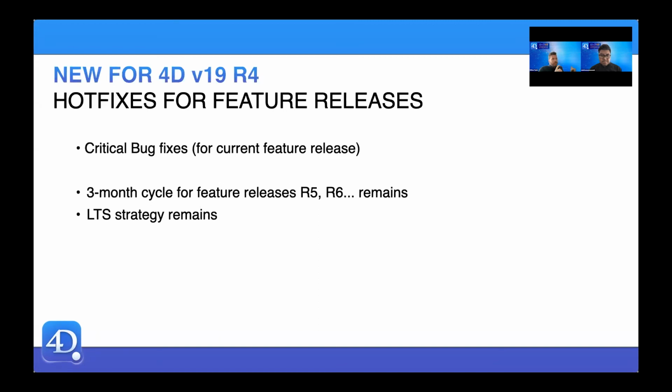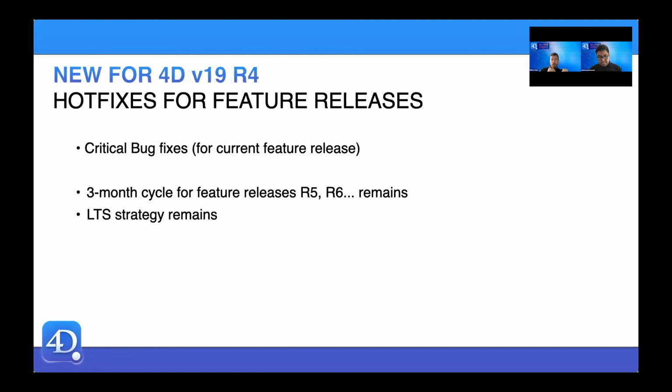And so here at 4D, we love feature releases and would love all of our developers to develop and deploy with them. One main reason that we hear from our developers that don't use them is that if there is a major issue in the deployment of a certain feature release, then you need to wait 3 months to get the fix.